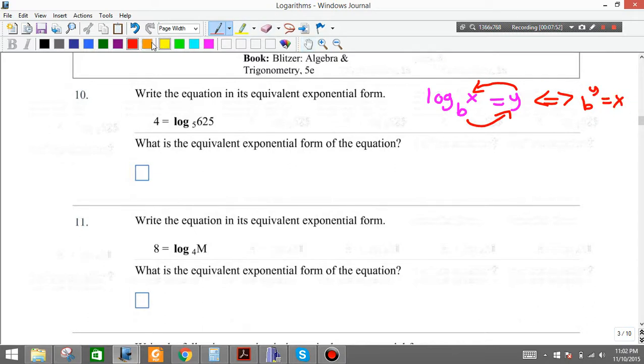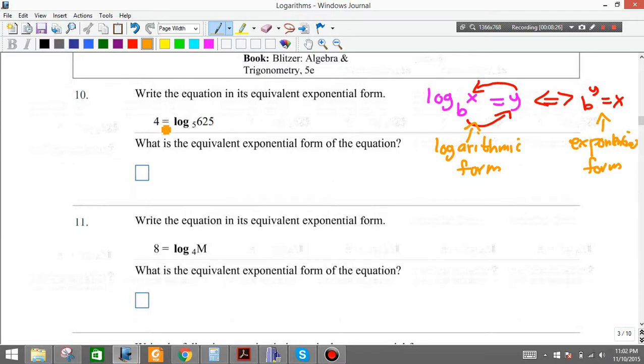And so this form here is called logarithmic form. So again, these two statements are saying exactly the same thing. But this form is written in terms of a log, and this form is written in terms of the exponent. So this is called exponential form on this side. This is exponential form, and this is logarithmic form.